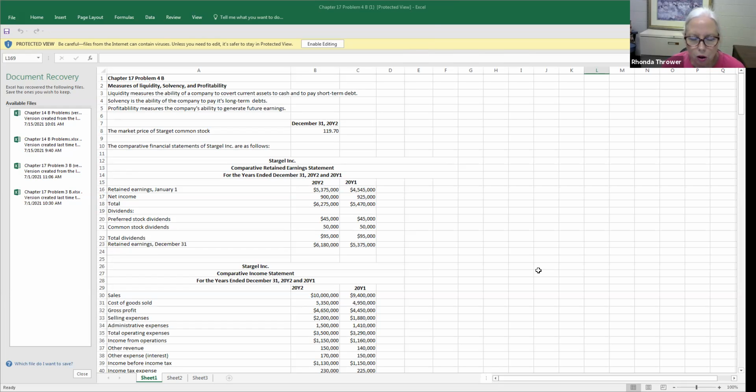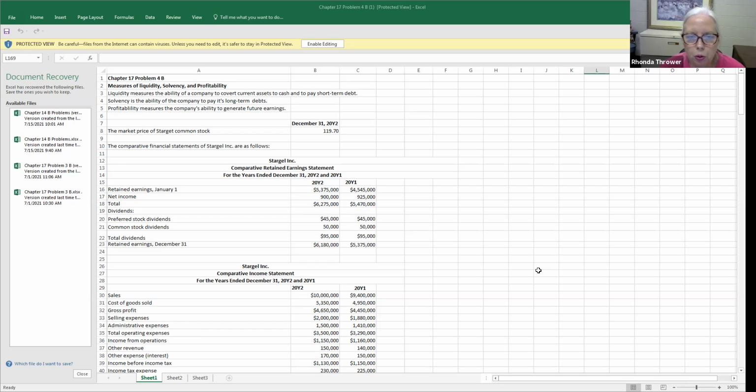And before we talk about current position analysis, we probably need to talk about what liquidity actually is. Liquidity just measures the ability of a company to convert its current assets and be able to pay off its short-term debts.